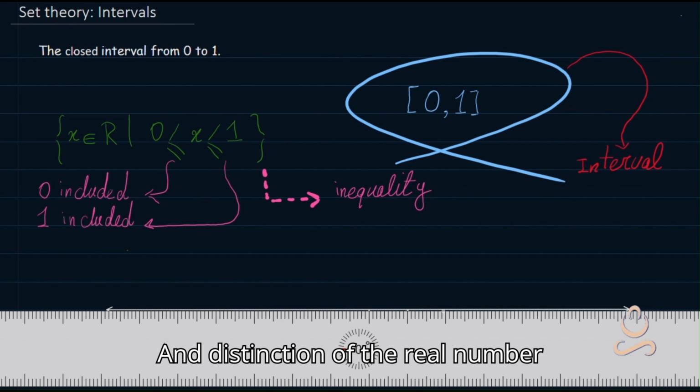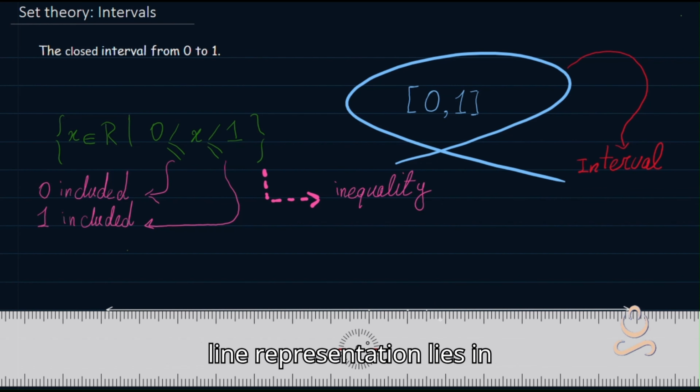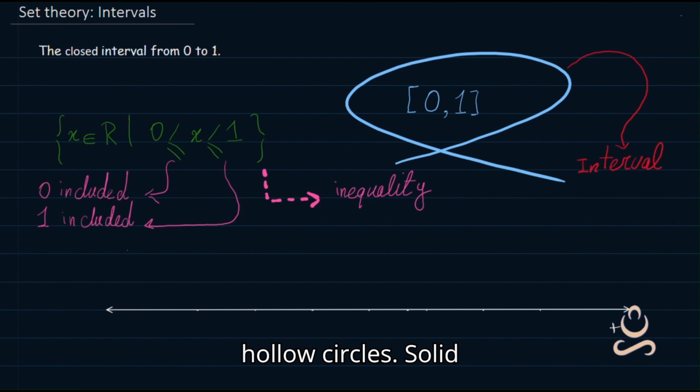And the distinction on the real number line representation lies in using solid circles instead of hollow circles. Solid circles indicate that the numbers are included in the interval.